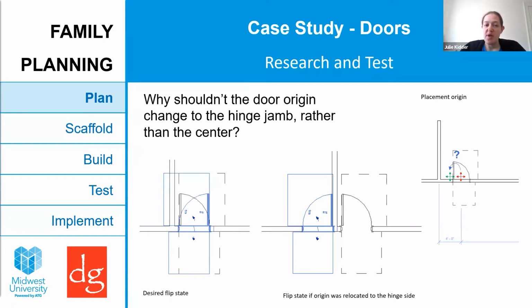And so in the end, both because it was standard, so if we had to use an outside family, it would also change the location. Then there is that we flip a door back and forth a lot more than we need to actually place the door initially. So it may take me twice as long to place the door correctly initially, but it saves time from having to move doors around each time I decide to change which way the door swings.